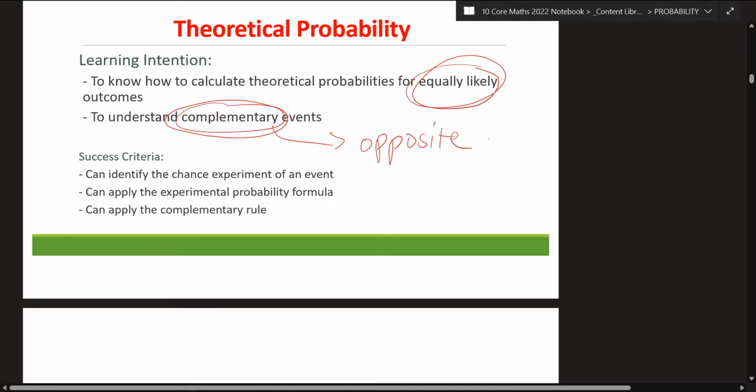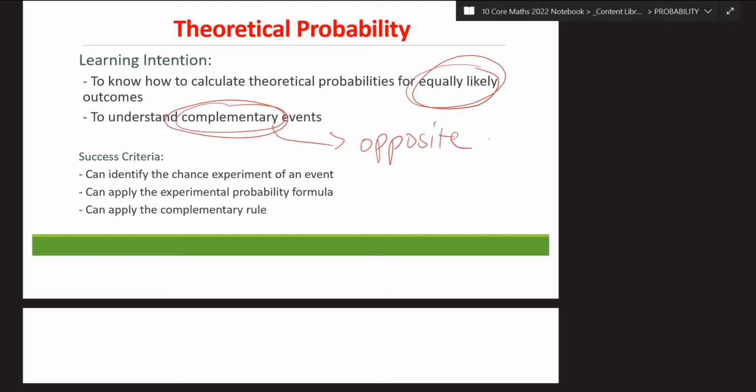Let's say, for example, the opposite of me waking up is falling asleep. Or the opposite of me showering is not showering. Or the opposite of pants, for example, might be shorts.